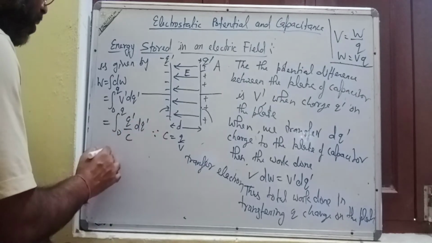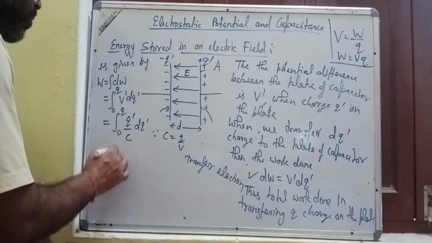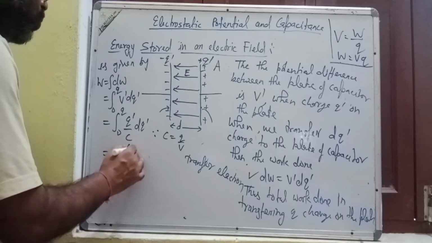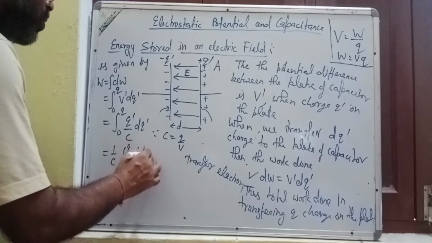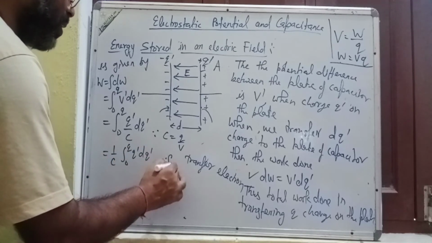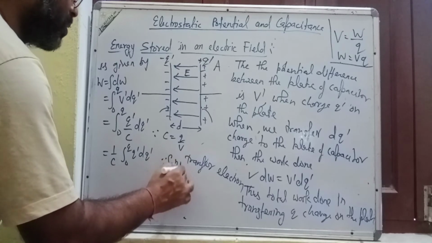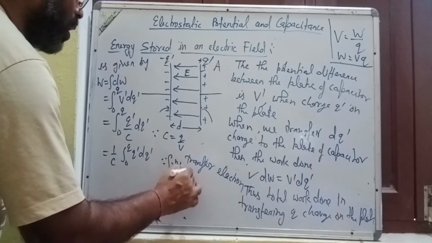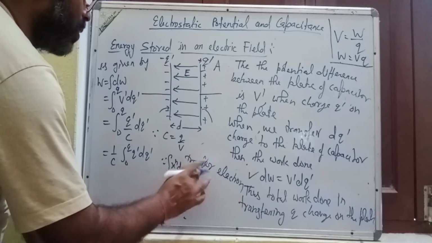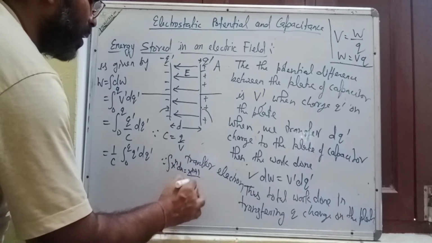Now integrating this, we have 1 by C integral from 0 to Q of q dash dq dash, and we know that the integral of x to the power n dx equals x to the power n plus 1 by n plus 1.